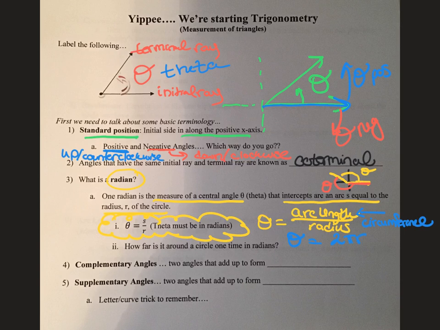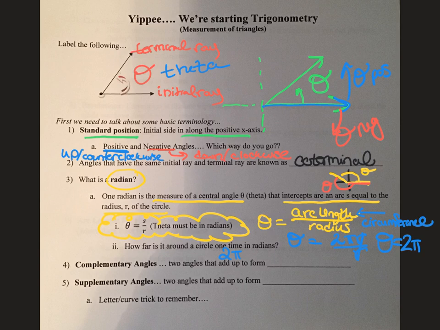And then we're going to divide by the radius, r. You'll learn this year my favorite game, Miss Guidry's favorite game, is called Slashy Washy, because these r's are going to cancel out. So in one circle, theta, in radians, is going to equal 2 pi radians. So how many radians are there in one circle? There are 2 pi of them.